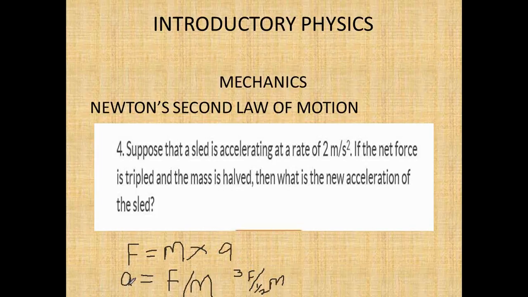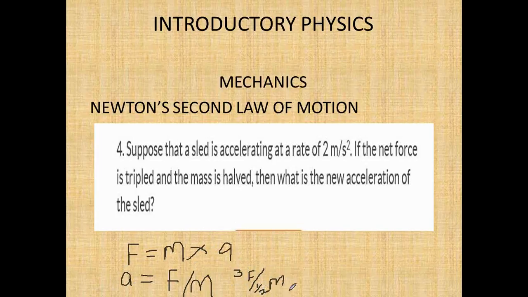So again, if you triple the net force, you're going to increase the acceleration by 3 times. But if you halve the mass, you're going to increase the acceleration again by 2 times.